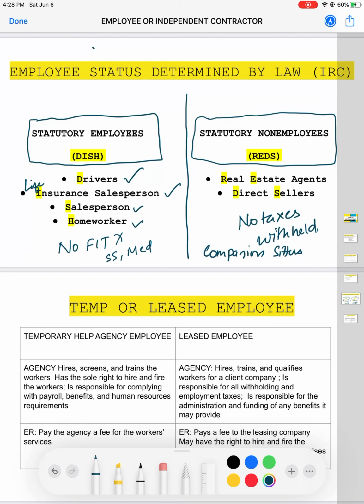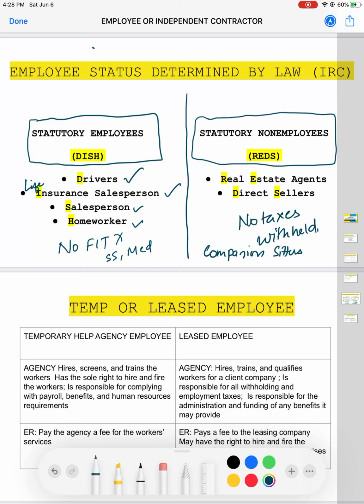Agency is responsible for complying with payroll benefits requirements, and the employer who hires these temporary help agency employees just pays a fee to the agency for using the workers. So they are not responsible for any taxes or anything on them.